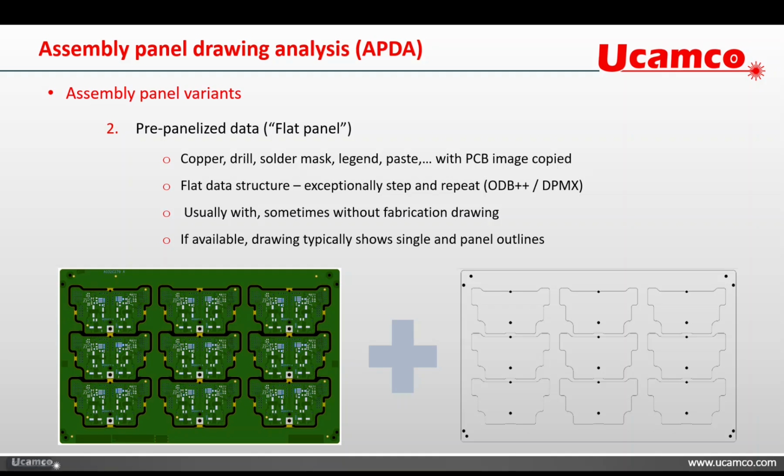Although the information is duplicated in the copper layer, the real PCB layer, so to speak, typically there will also still be an outline layer, as you see on the right, with the single image outline of the PCB repeated the way it should, and then a panel outline around it from which the rails, the borders around the single image, appear automatically. So that's our case number two.